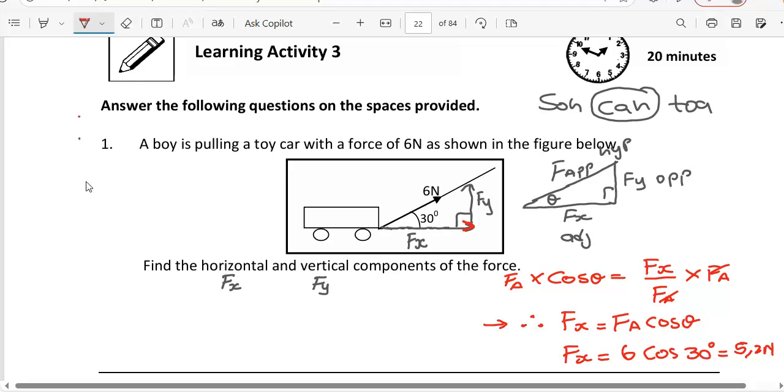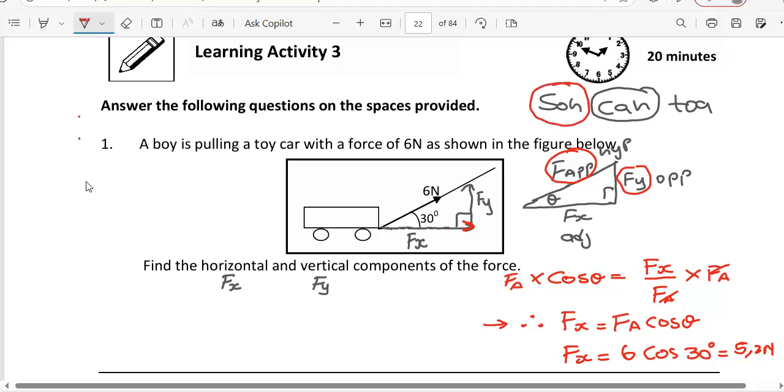Now you're going to apply the same method to find the vertical component. This is my Fy, and what am I given? I'm given the applied force, so I have the opposite and the hypotenuse. Which one are we going to use? The sine.